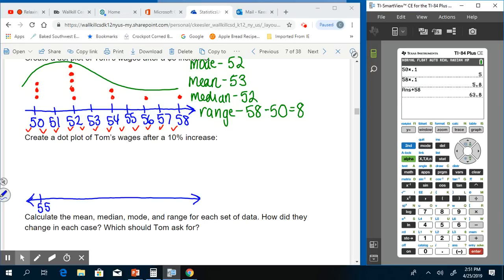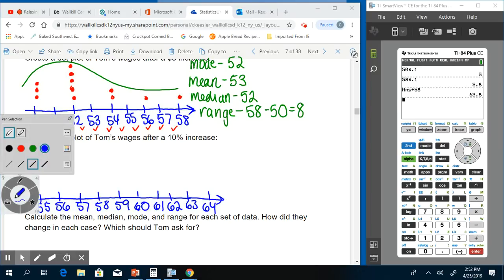So I'm just going to use each of those original values just going up. 55, 56, 57, 58, 59, 60, 61, 62, 63, and 64. All right, but when we go into doing each one individually, we want to make note of what those values will actually be.